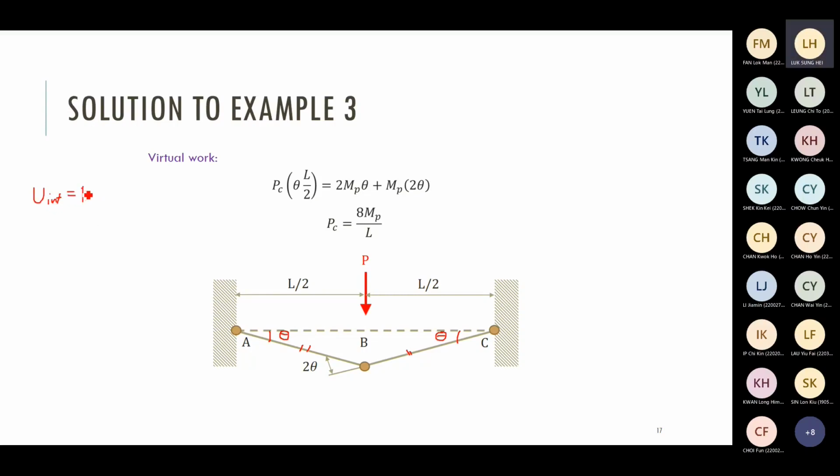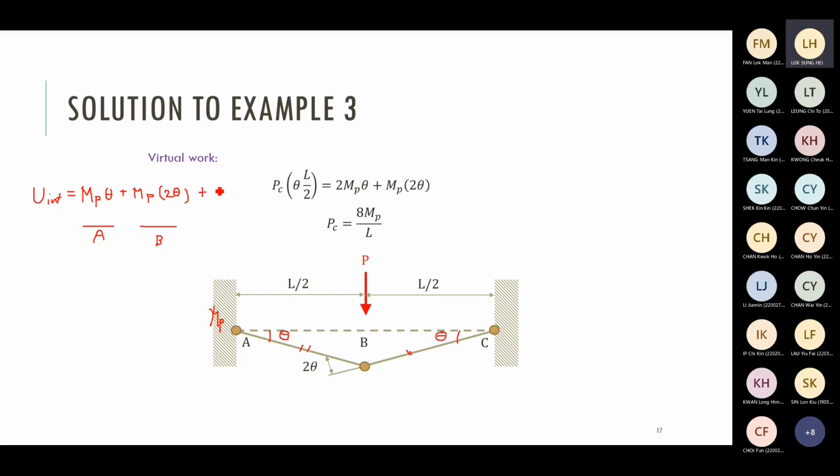Internal work is equal to the plastic work at all plastic hinges. At point A, the plastic work is MP theta, because the moment at point A is MP, the plastic moment. The moment at point B and point C are also MP. The plastic work at point B is equal to MP times 2 theta, because the rotation of the plastic hinge at the middle is bigger.